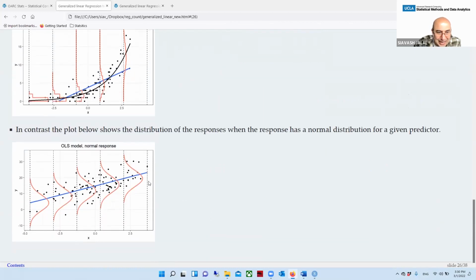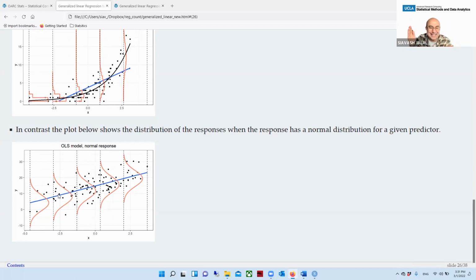In contrast, the linear model looks like this. For every given value, you get a normal distribution for the error. Now here, the error comes from epsilon. It's added, so it's mu plus epsilon, right?